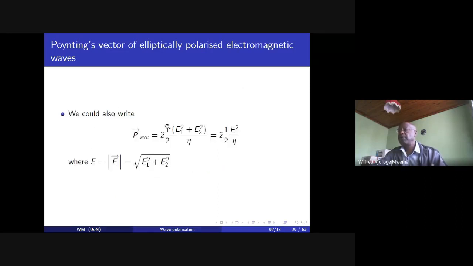And also, we could use the values for E, and we have that the actual E amplitude is just the square root of E1 squared plus E2 squared, or the X component squared plus the Y component squared. And we see that those are the values that we get for that particular case.